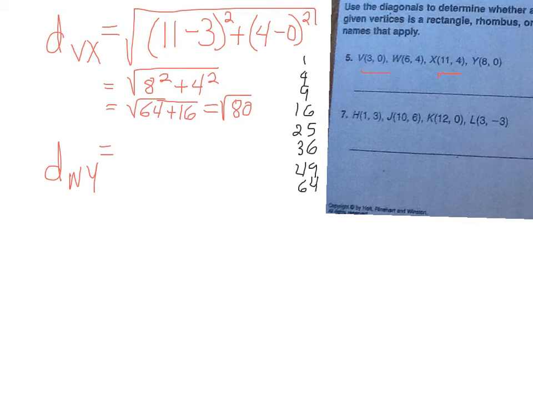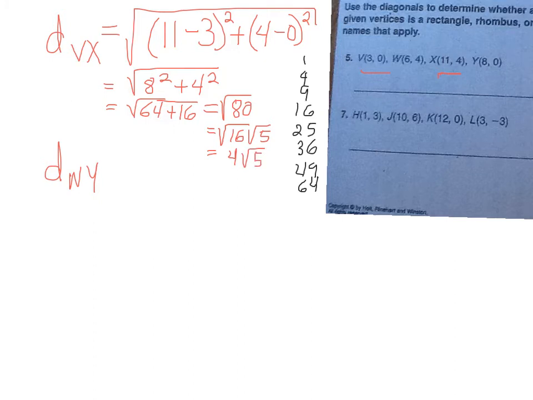My bad. 16 is the number. So 16 times what? Why don't I just use my calculator? Good idea. 80 divided by 16 is 5, that is right. 16 times 5, so therefore the square root of 16 is 4. So the distance is 4 square root of 5.